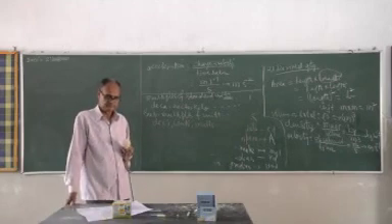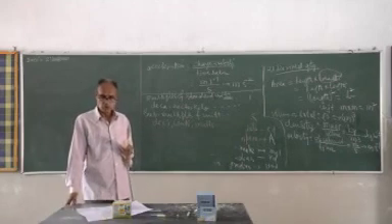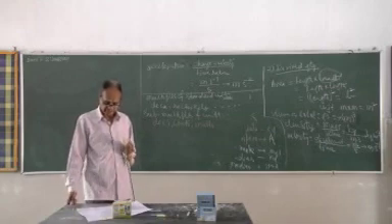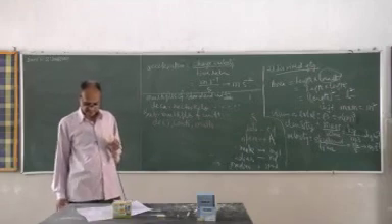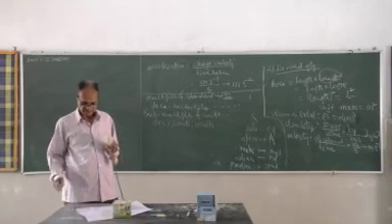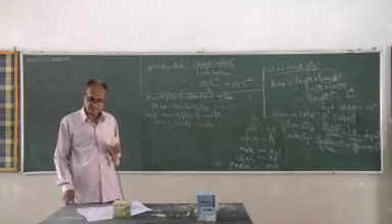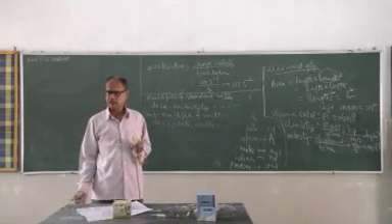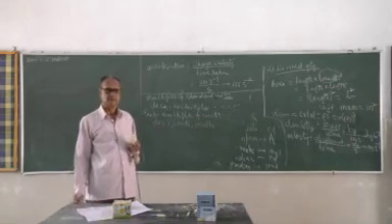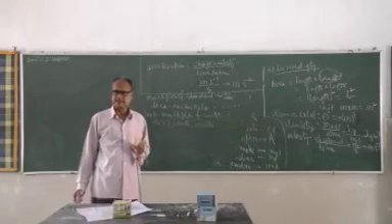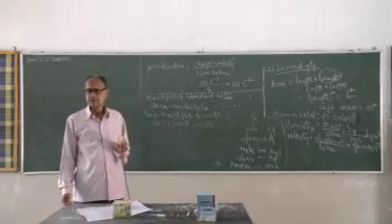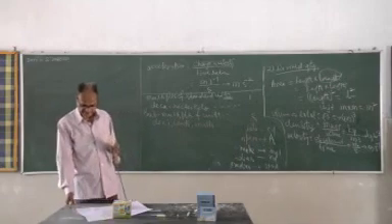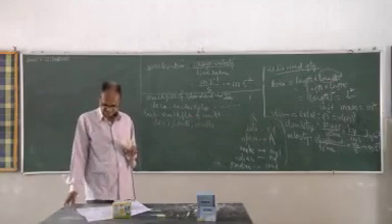And the third definition, which is now very much in practice, very much in vogue, is from the year 1983. It is defined in terms of the speed of light. It sounds very unique. The speed of light is referred to for measuring length as a meter.